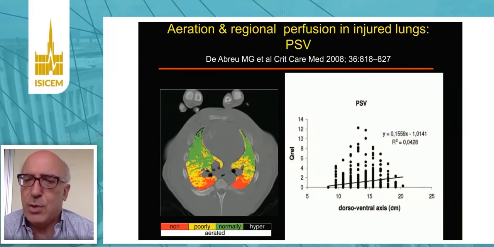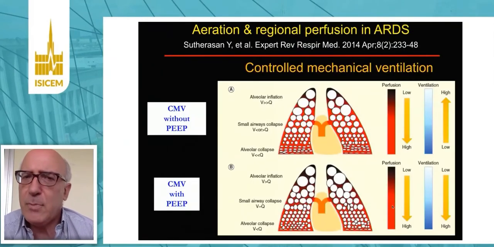So this indicates that the improvement in oxygenation, moving from controlled to assisted mechanical ventilation, might be due to a redistribution of perfusion from dependent to non-dependent lung regions and not alveolar recruitment. So this is the connection between recruitment and improvement in oxygenation, according to the distribution of regional perfusion.